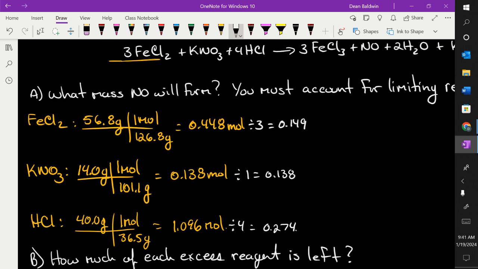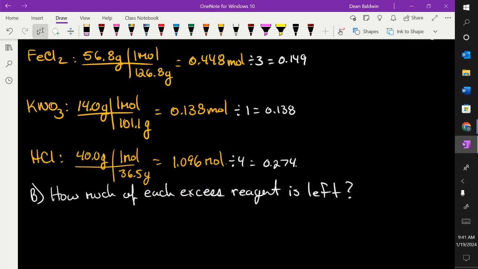So, which one is limiting? The smallest number, which is potassium nitrate. Okay, so it's not always, in this case it is, but it's not always going to be the smallest moles, right? You have to do this first.